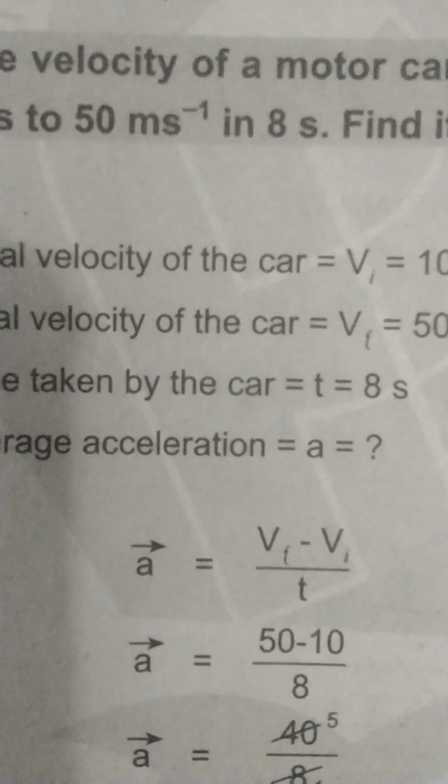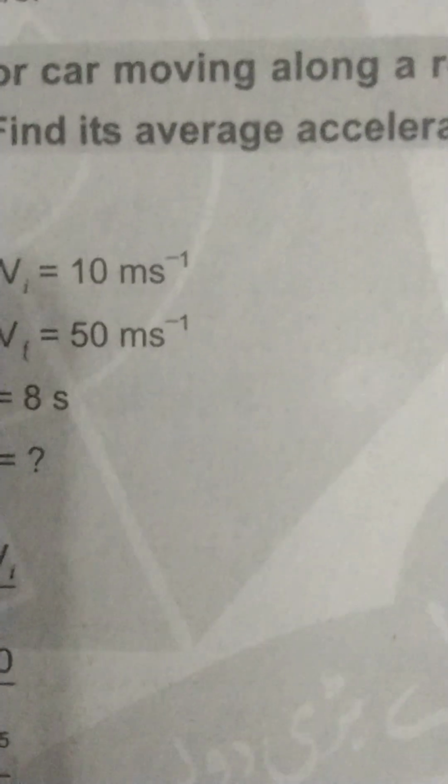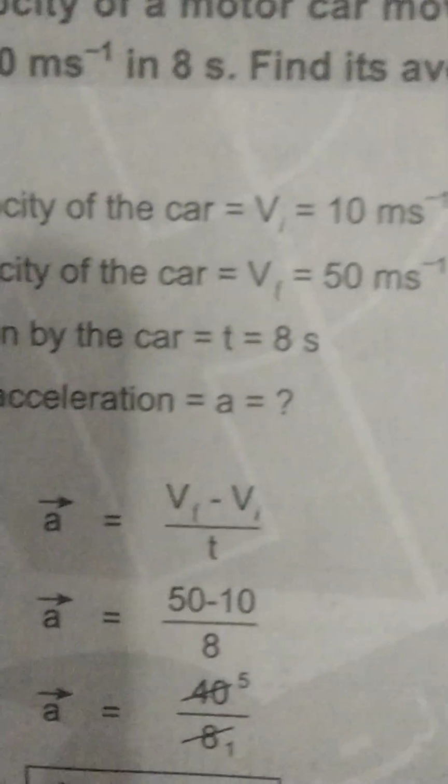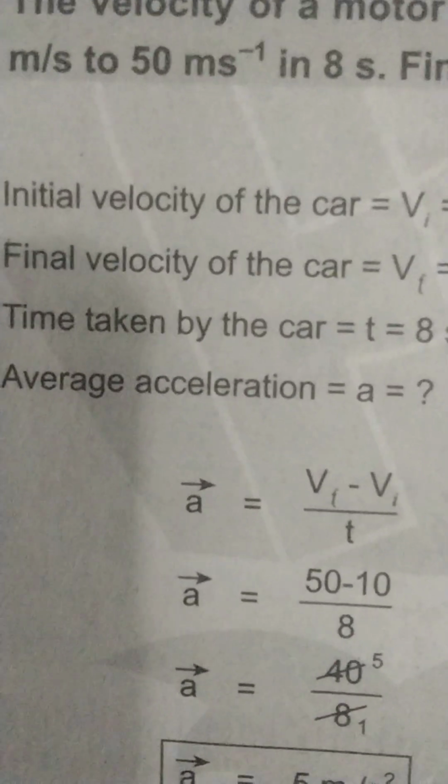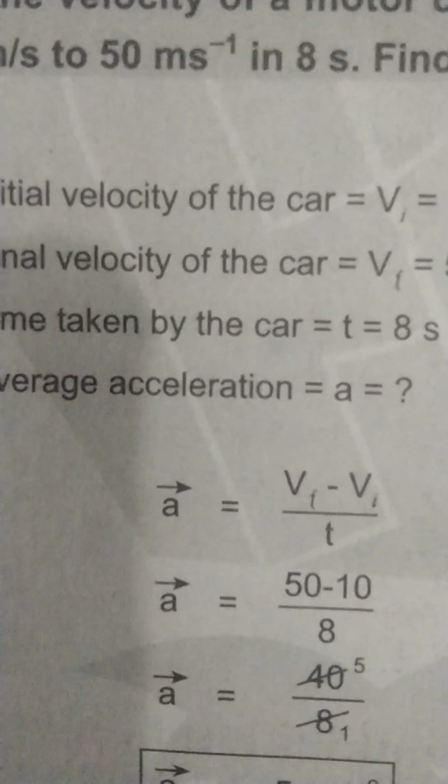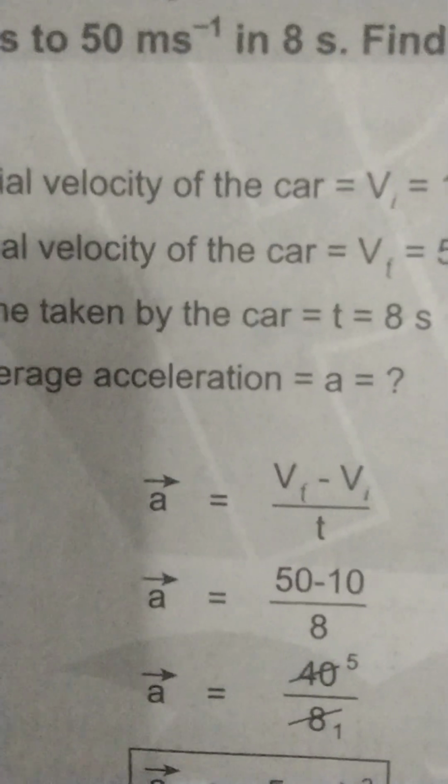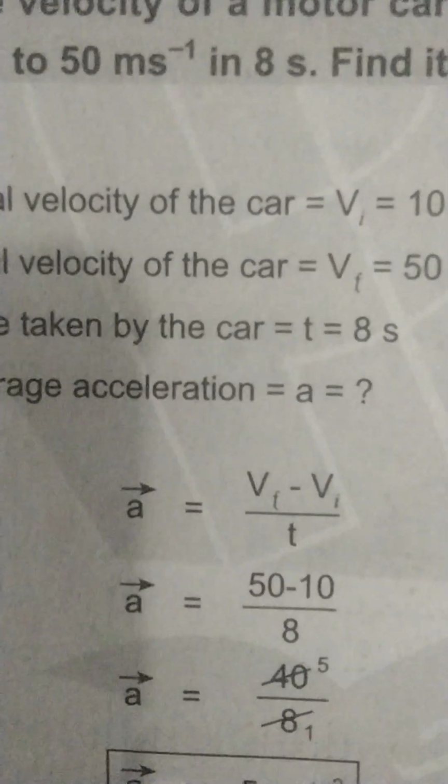Okay, one numerical we can easily see. The velocity of a motor car moving along a road increases from 10 meter per second to 50 meter per second in 8 seconds. Here time is given, and velocity is given. Then what do we have to find? We have to find the average acceleration.